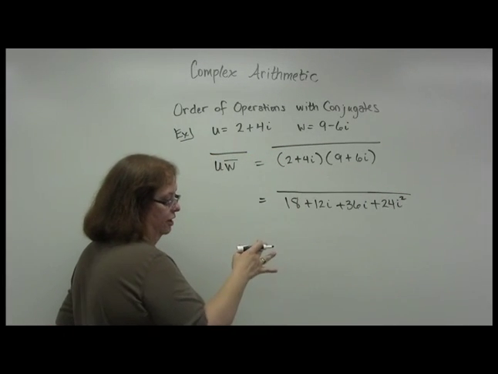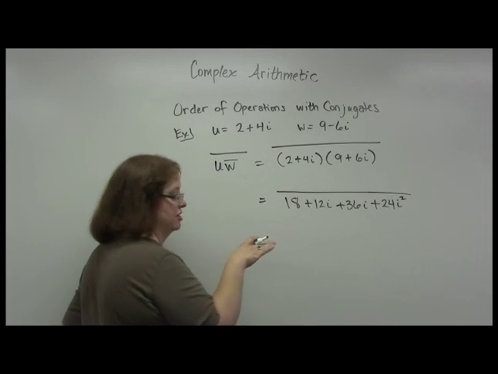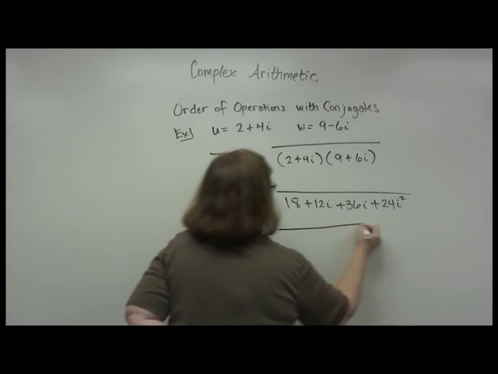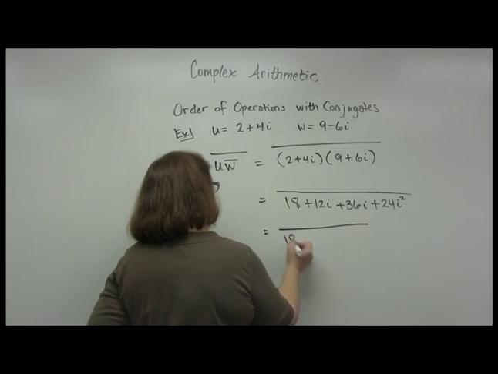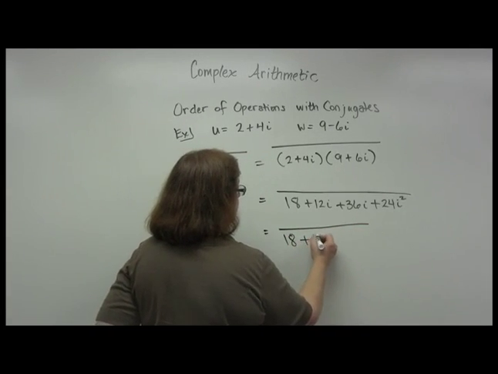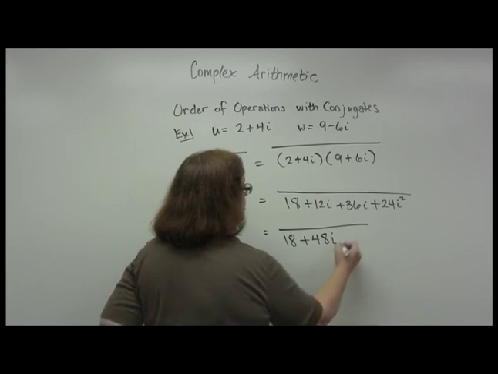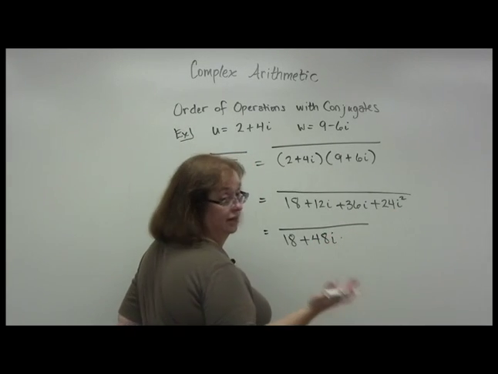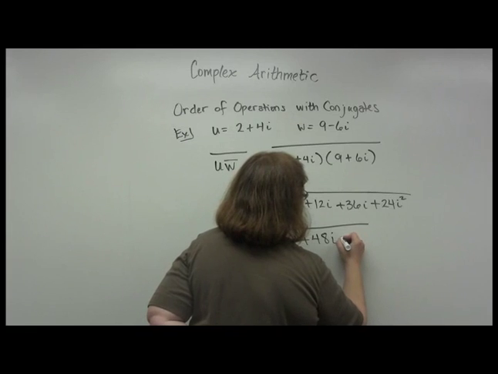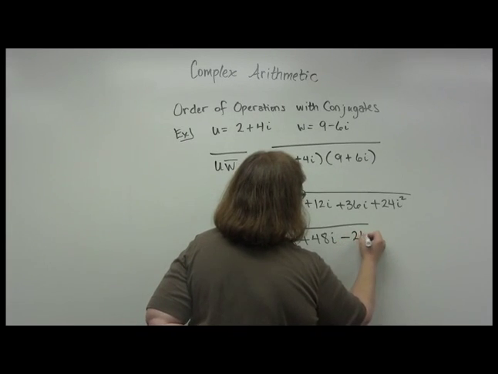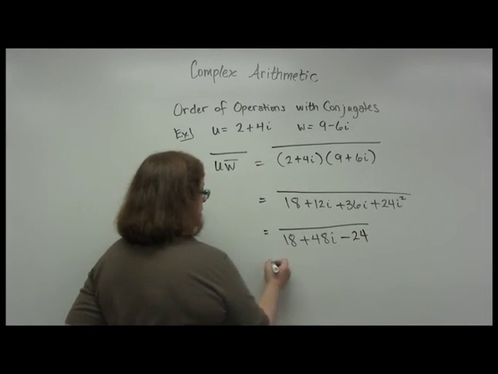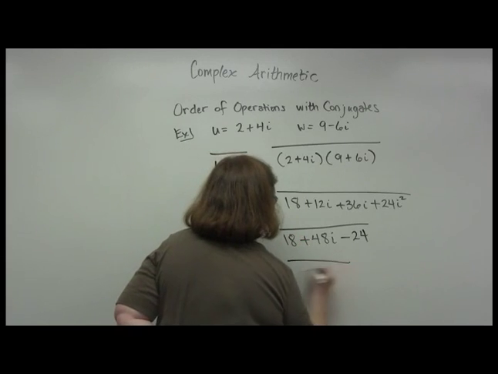So let's continue working on the inside first, and then we'll apply the conjugate. Got the conjugate of 18 plus 48i, and then remember i squared, negative 1. So 24 times i squared would be negative 24, or minus 24. 18 minus 24 is negative 6.